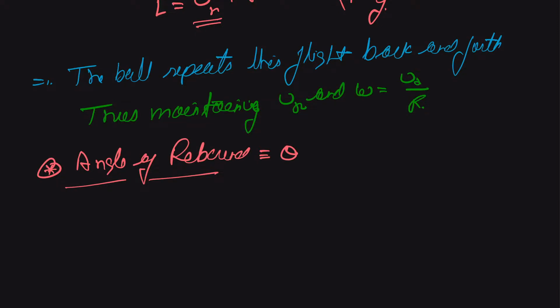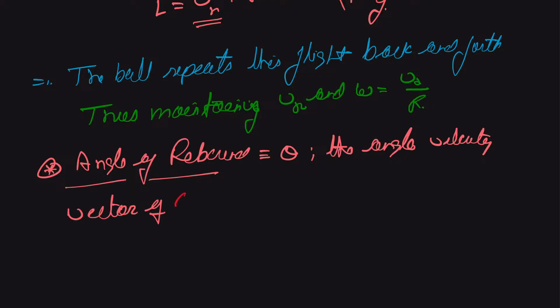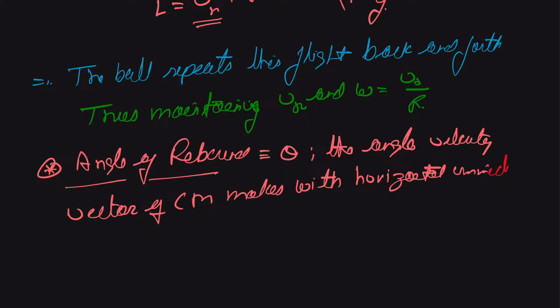So we can say our theta is the angle the velocity vector of center of mass makes with the horizontal immediately after the bounce.